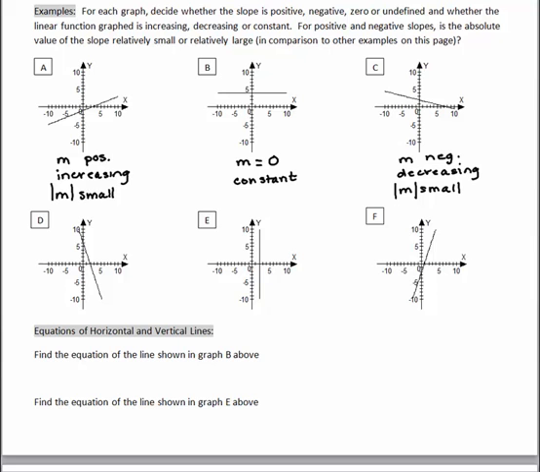All right, D, once again, we would have a negative m value. It's downhill. It's a decreasing function. But we now have a line that's quite a bit steeper than it was before. So relatively speaking, the absolute value of the slope here is going to be fairly large. In E, we have a vertical line. So the slope is undefined.